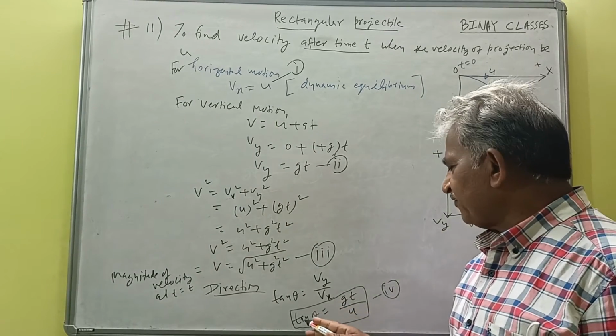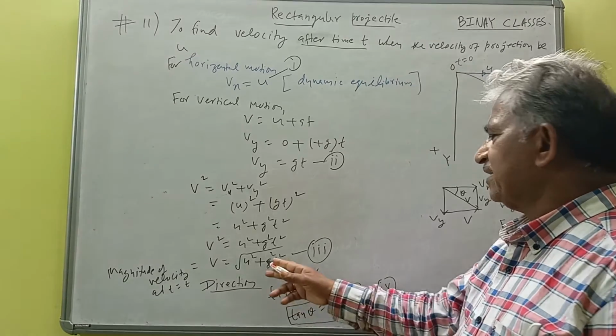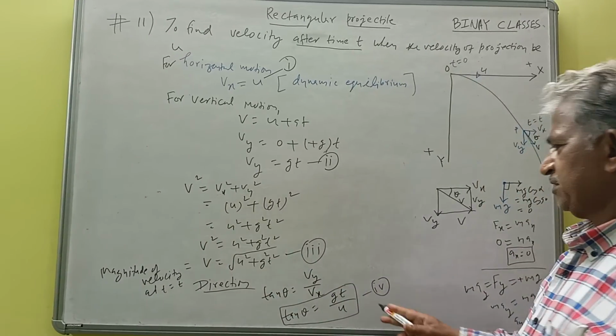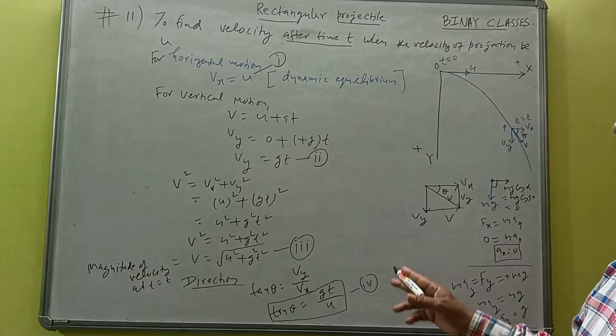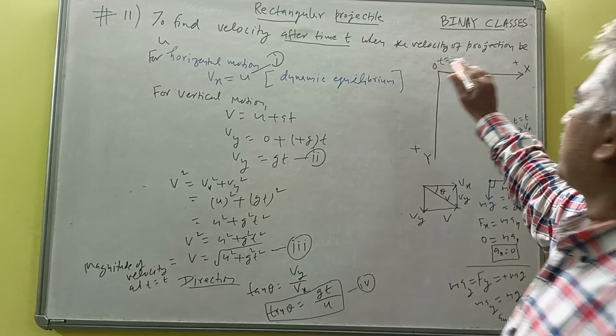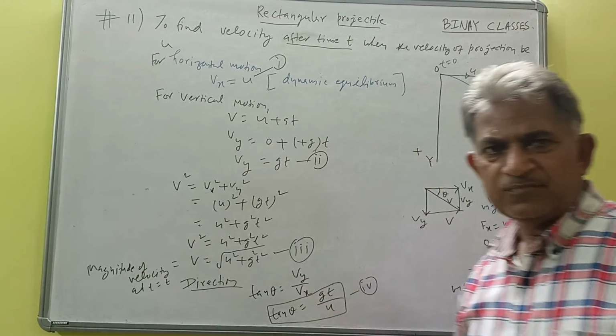And again, for finding the direction, t will be given, u will be given, put them in, and you will get the answer. So these two important formula results are sufficient to get this answer. So just take a snapshot.